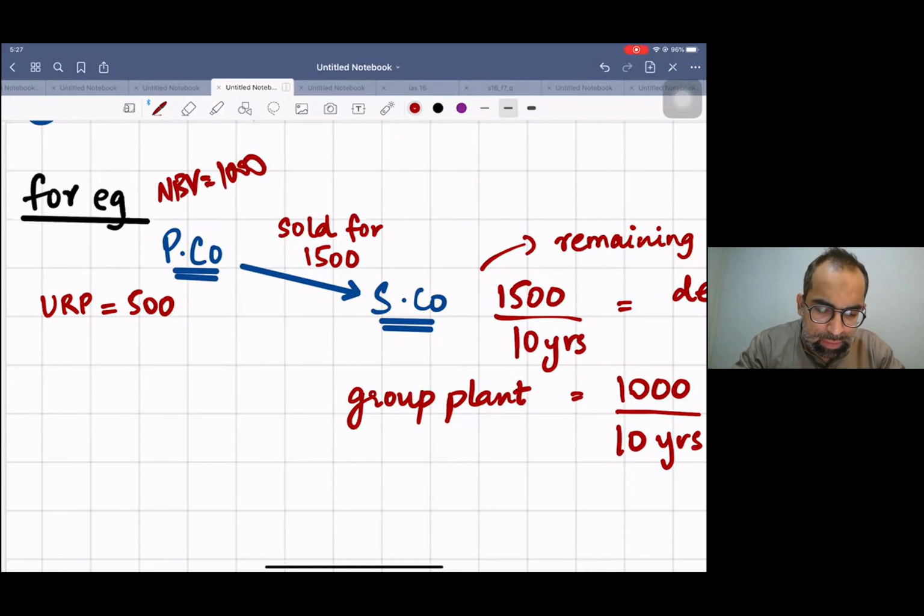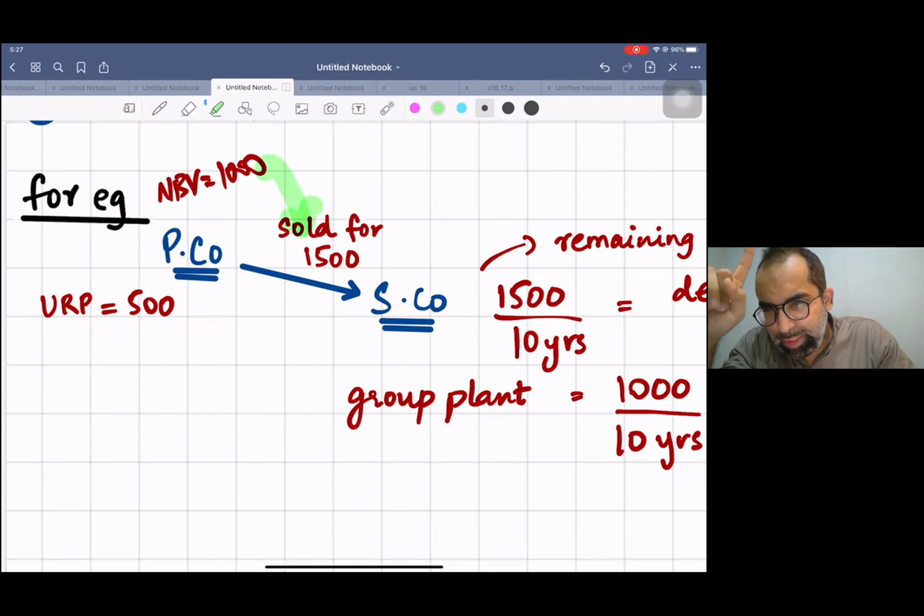What's the difference between 1500 and 1000? The gain on disposal, or profit on disposal, is 500. Okay, now wait.